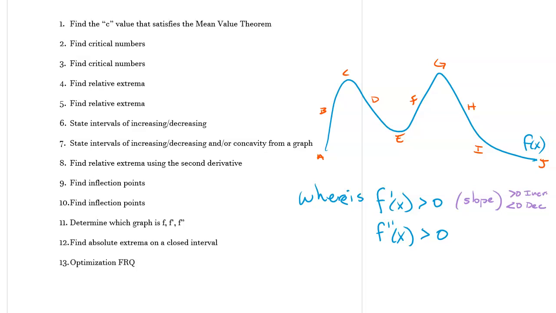So here, from A to C, the graph is increasing because it's going upwards. Is that all right? Okay, so where else is it increasing?